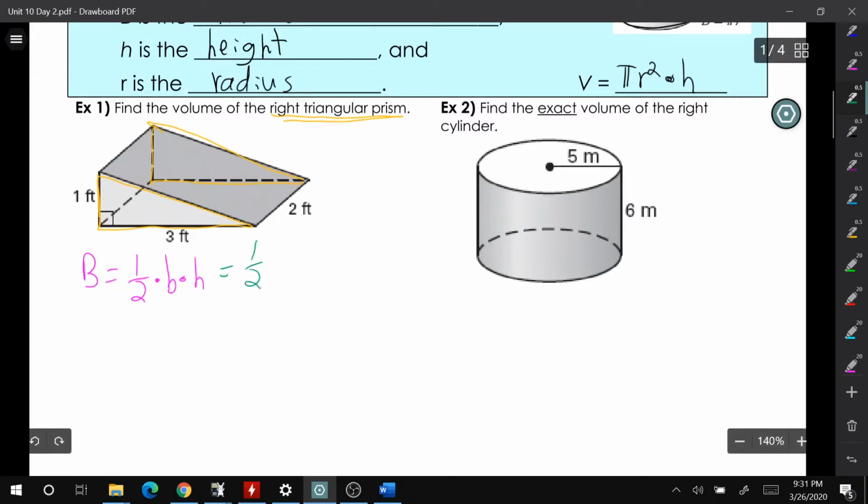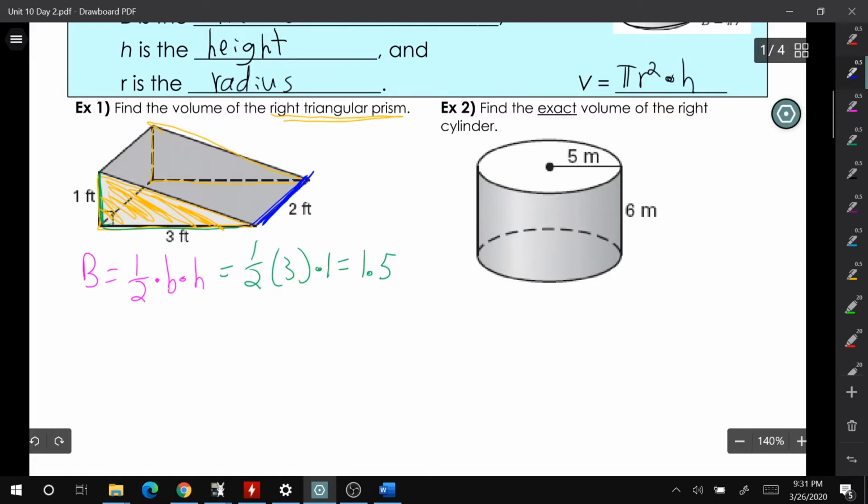This will be 1/2 times 3 times 1. And if we type that in the calculator, we get 1.5. So the area of this base here is 1.5. My height is this dimension right here.